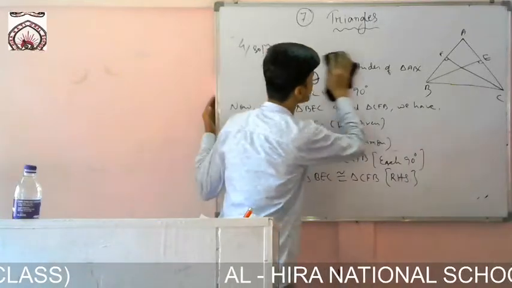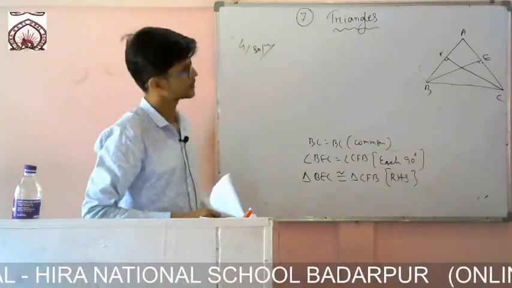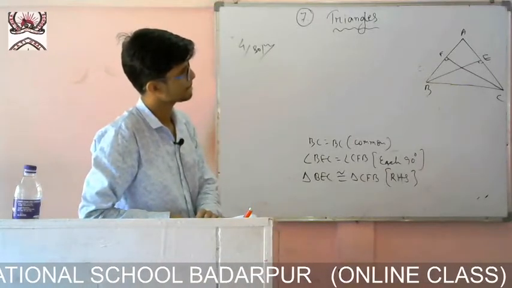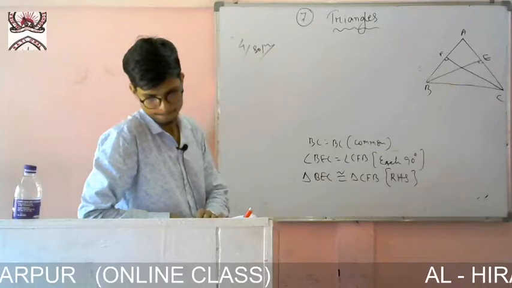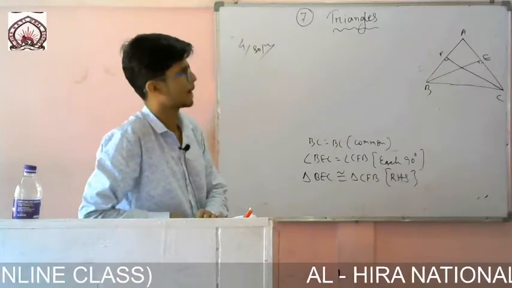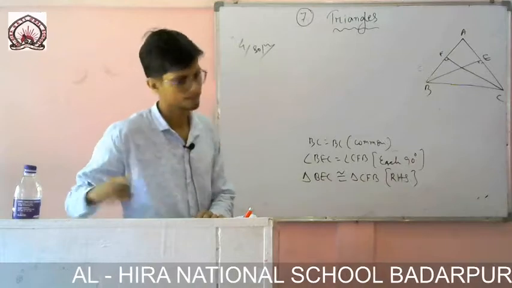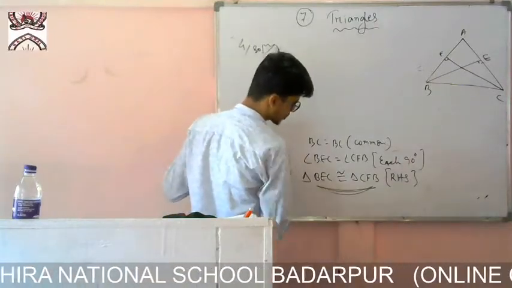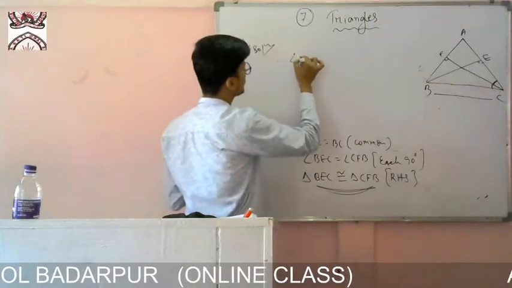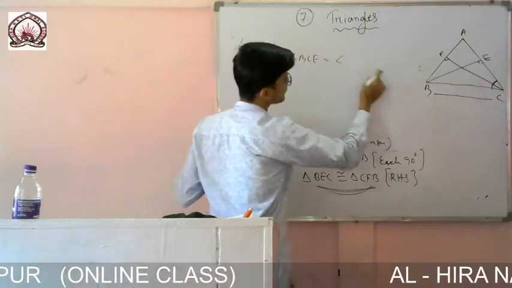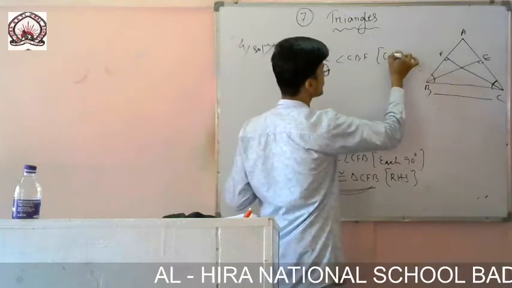BCE and CBF. Okay. Now you see, since these two triangles are congruent, therefore angle BCE will be equal to angle CBF, and the reason will be CPCT.